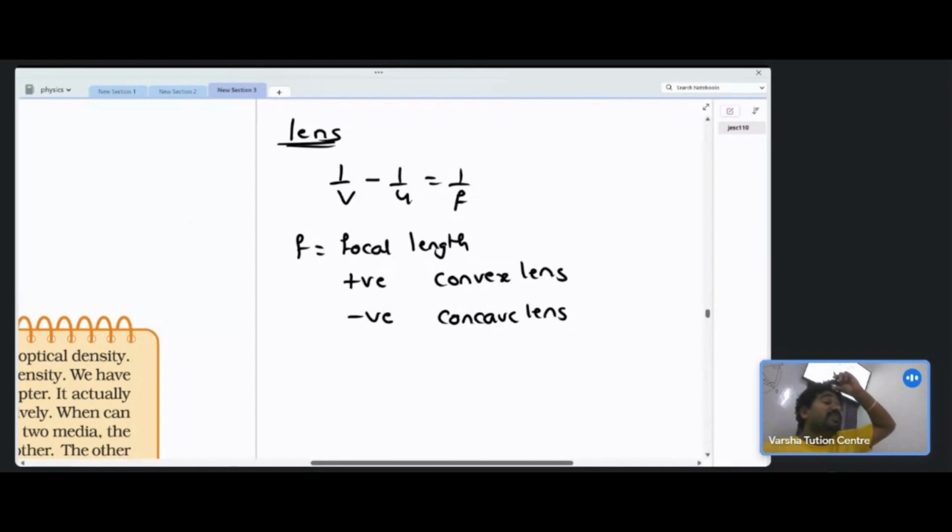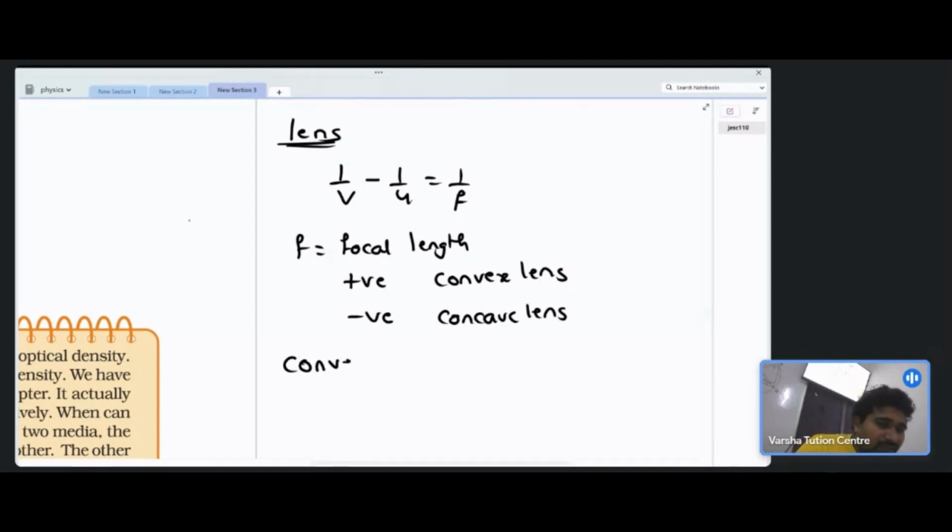Actually, they asked one question in the board exam itself: what is common between concave lens and concave mirror? Both of them have negative focal length.